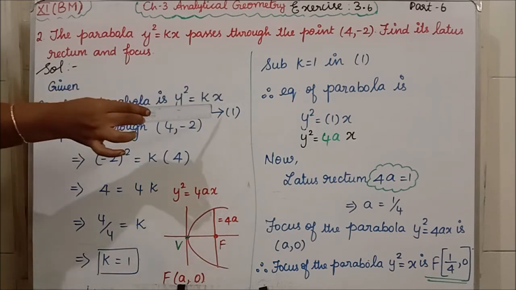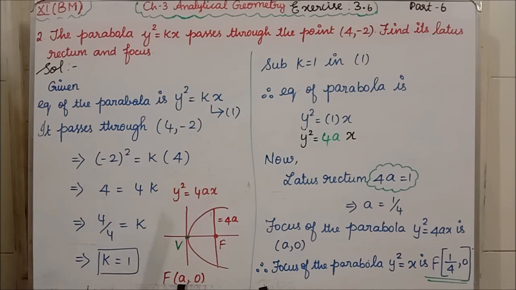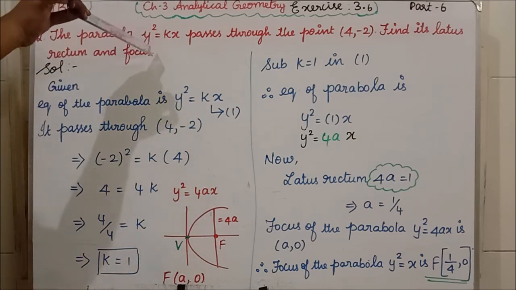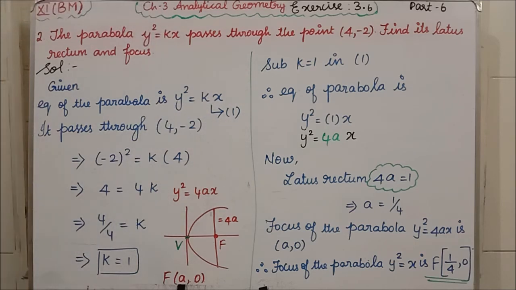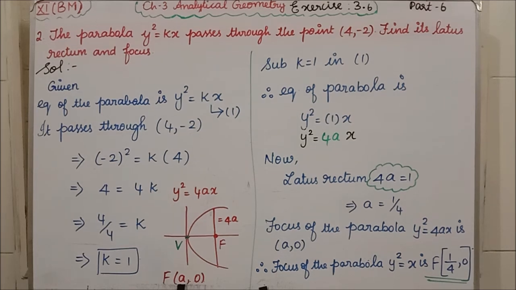Now the equation of the parabola is the given equation y square equal to k into x. We will take this equation as 1. The question says it passes through the point 4 comma minus 2, which is x comma y. Here x is 4 and y is minus 2.